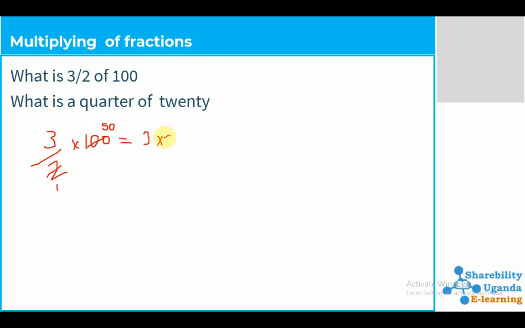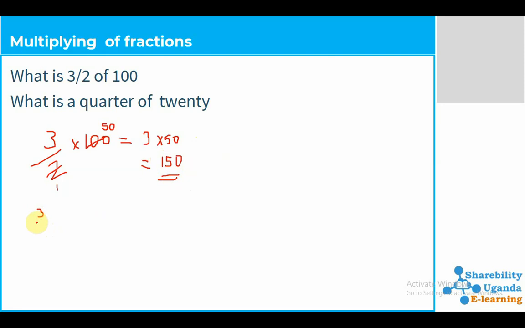What is 3 times 50? It simply means 3 times 5, which is 15, plus this 0, you get 150.